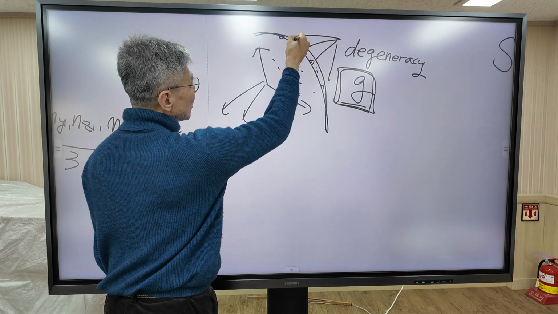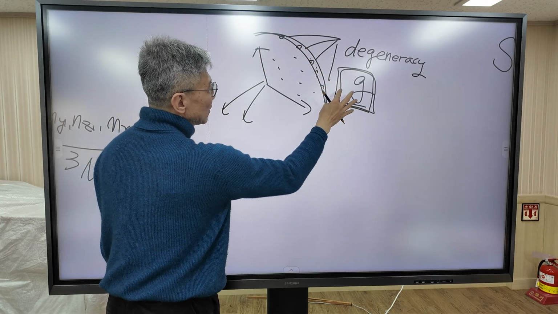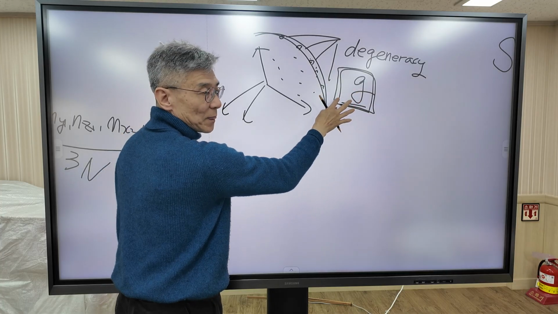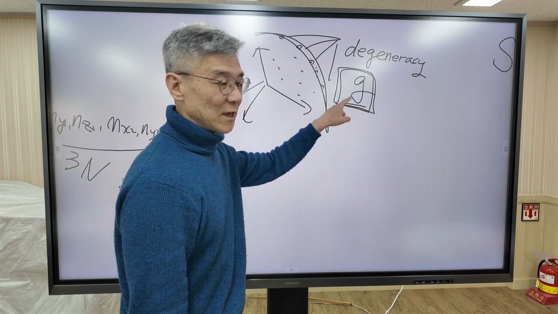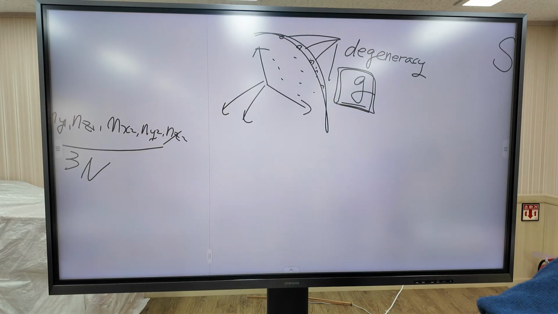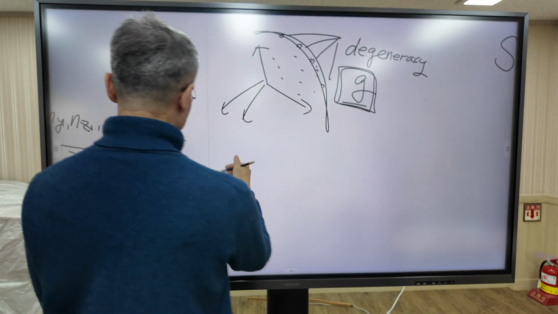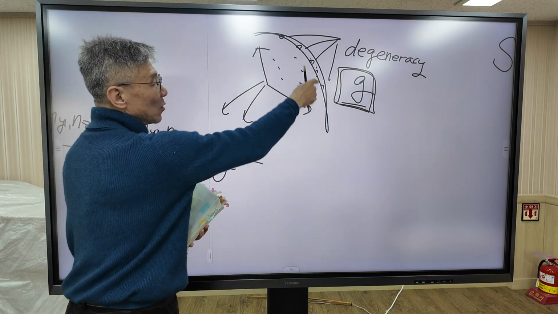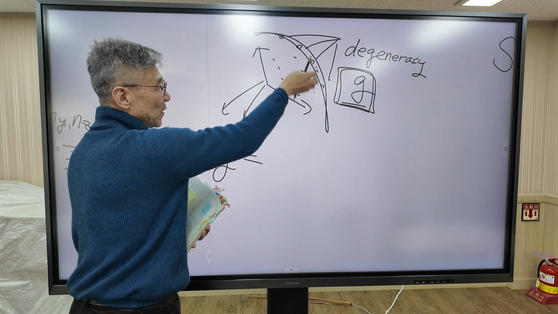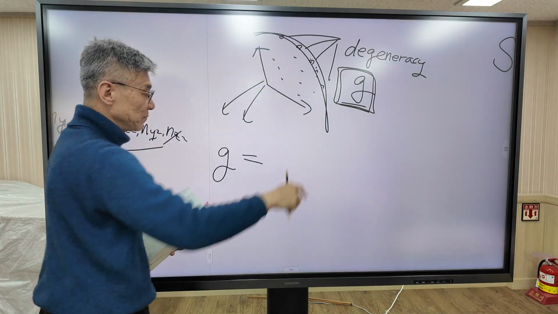If we count the number of points on the sphere, we can determine the degeneracy. And mathematicians have found a formula for G. According to them, the formula looks like this. This refers to the number of points on a sphere in a high-dimensional space.